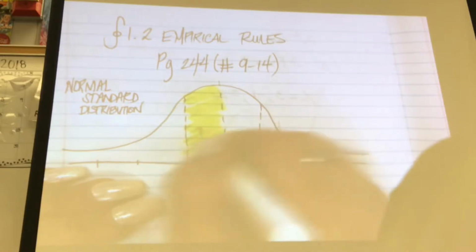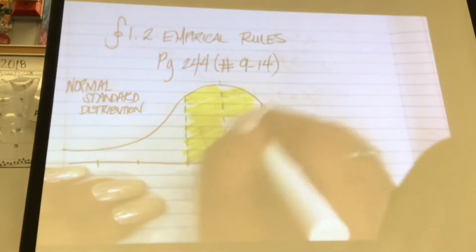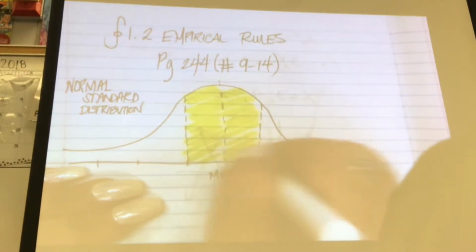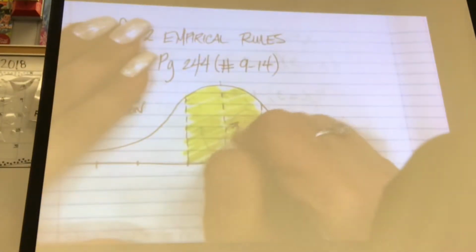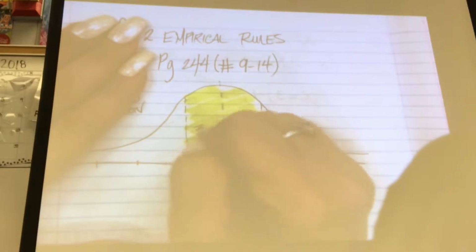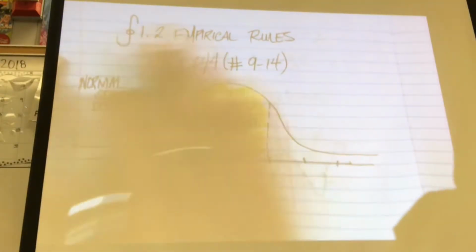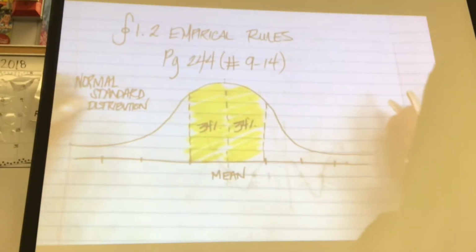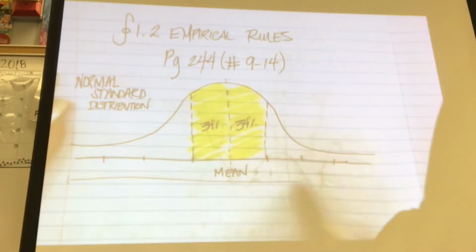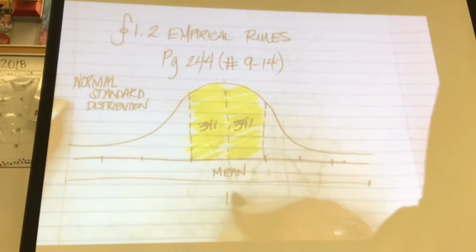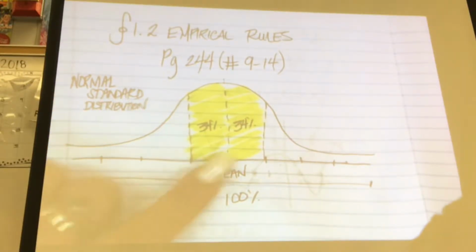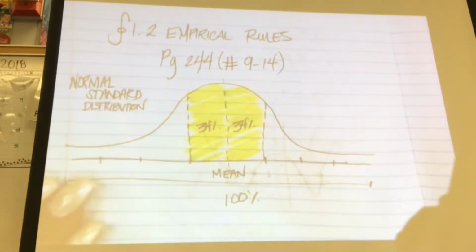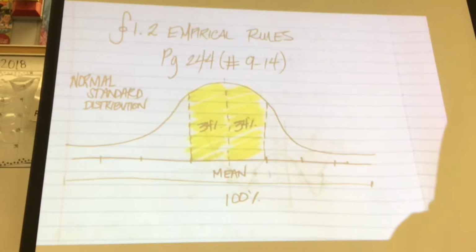Statisticians have agreed that to the left and to the right of a bell curve is 34% of the population, where this whole thing would represent 100%. So one standard deviation above and below the mean represents about 68%.